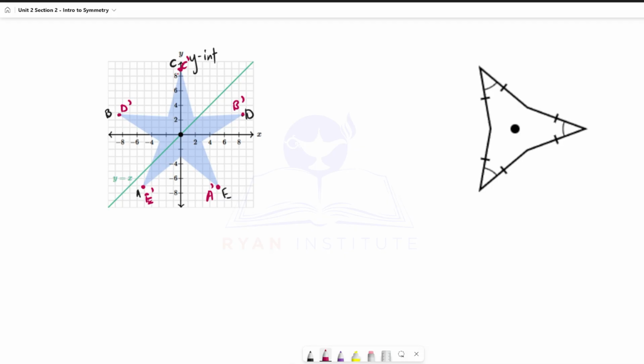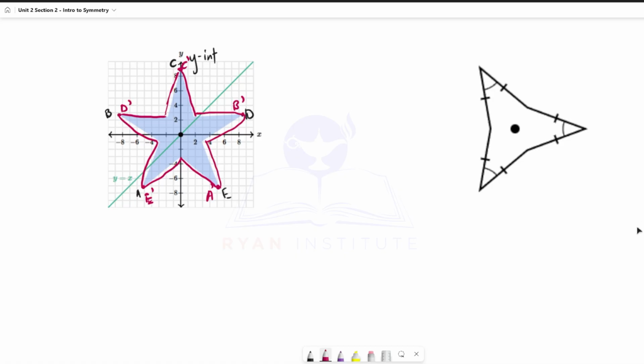And then if I were to draw the outline of this, not the neatest, but bear with me, it would overlap the shape. Therefore, this is reflective across the y-intercept.